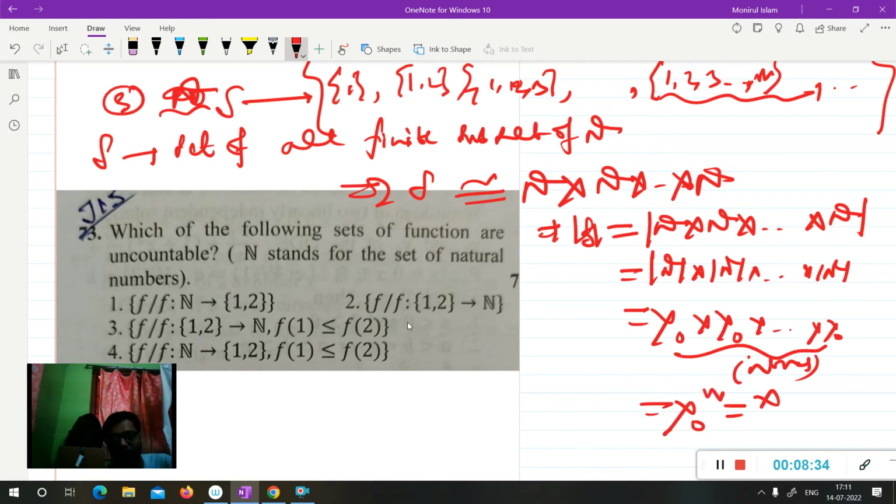This is itself alif naught, and a set having cardinality alif naught is countable.